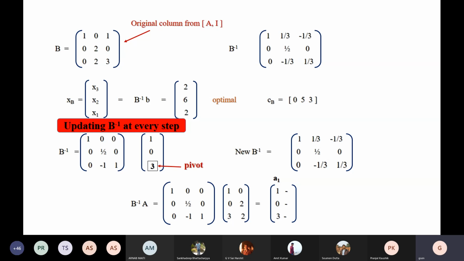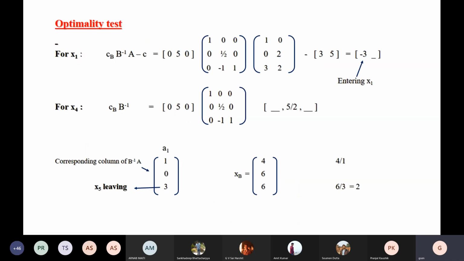For example, say this is the B inverse for this problem. If I take this iteration, what is the B inverse here? It is 1 0 0, 0 1/2 -1, and 0 0 1.